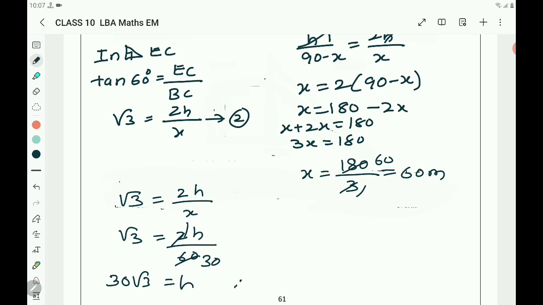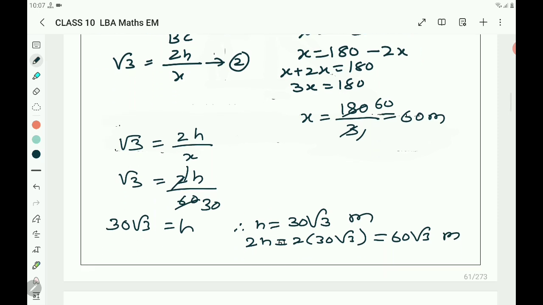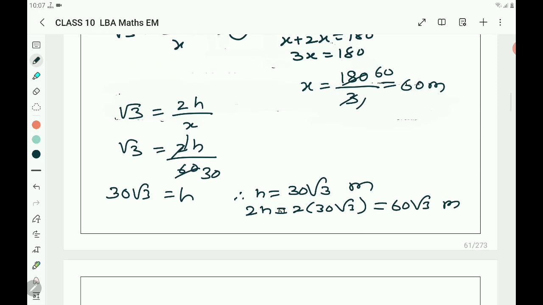Therefore h equals 30 root 3, and 2h equals 2 into 30 root 3, which equals 60 root 3 meters. Then what is the height of the one pole? Height of one pole is 30 root 3 meters.